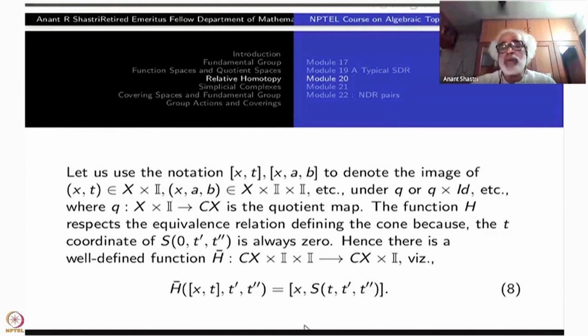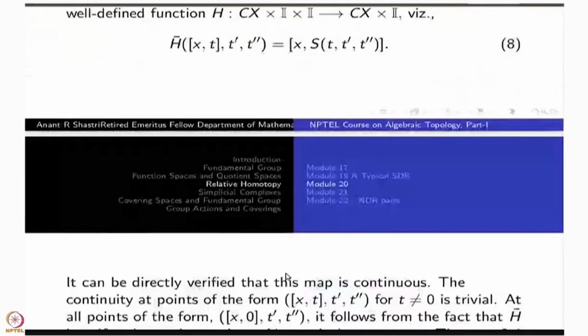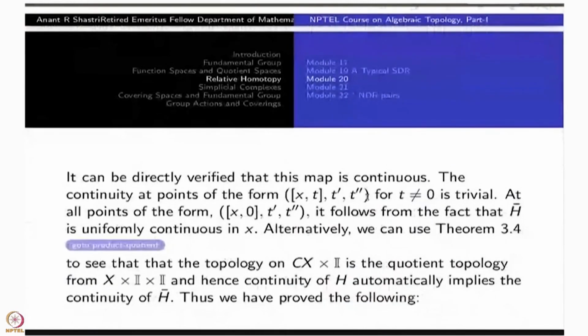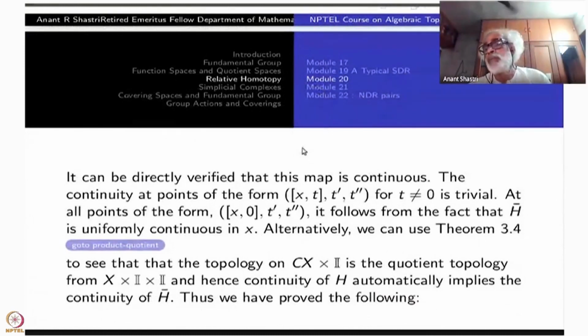All that you can verify exactly the same way as for just S prime. The X part has no role to play here. You can directly verify that it's a continuous map also, but you don't need to do that because of the quotient space theory. The continuity at points of this one we can get because we have a formula there.